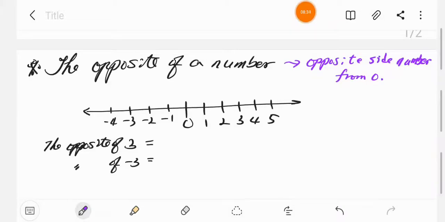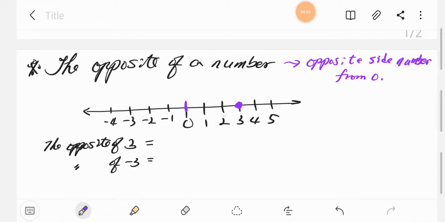All right, look at the definition of the opposite of a number. The opposite of a number means it goes to the other side, the same distance from 0. For example, the opposite of 3: here is number 3. From 0, go to the other side.